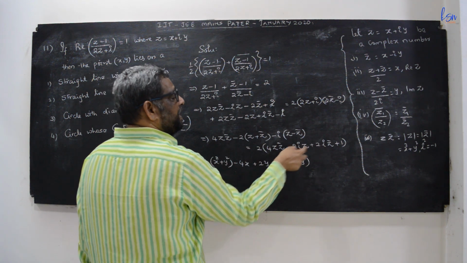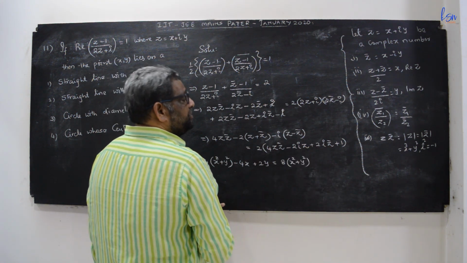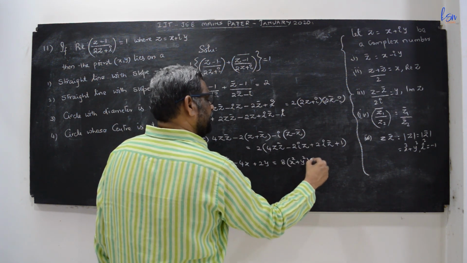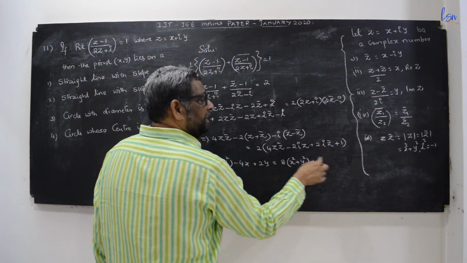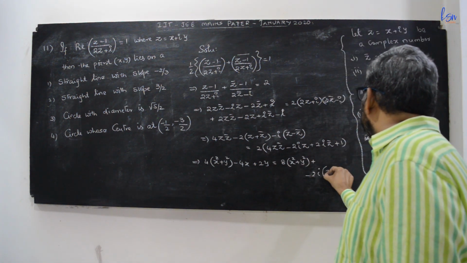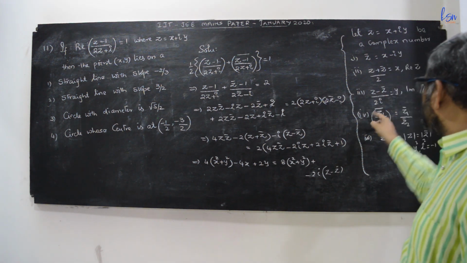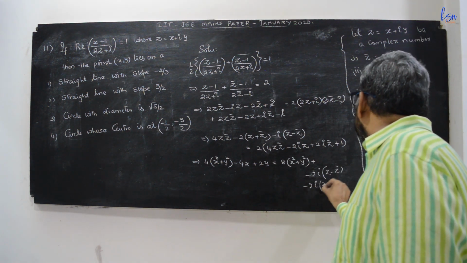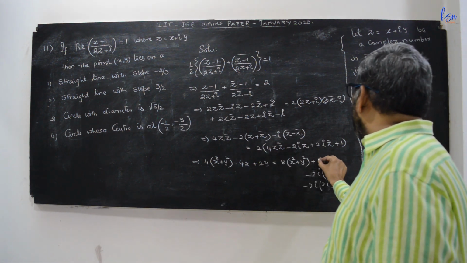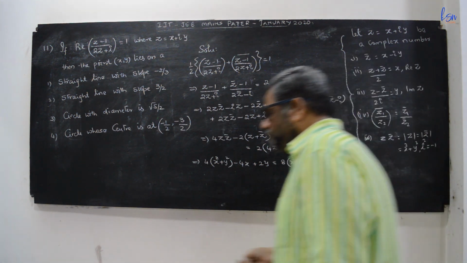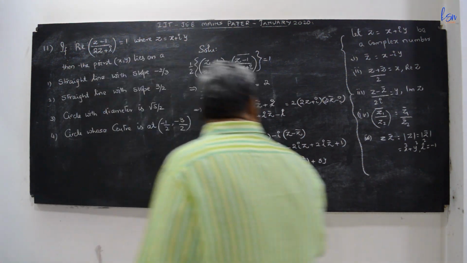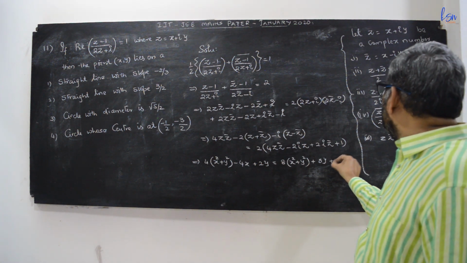Here you can take −2i common from (z − z̄), that is 2iy, so −2i × 2iy = −4i²y, which is plus 4y. So 8y, and then plus 2.